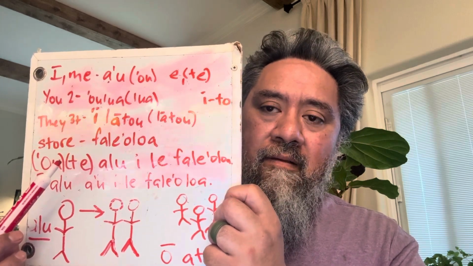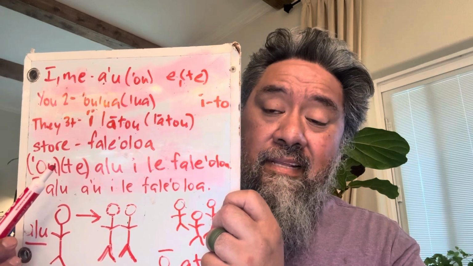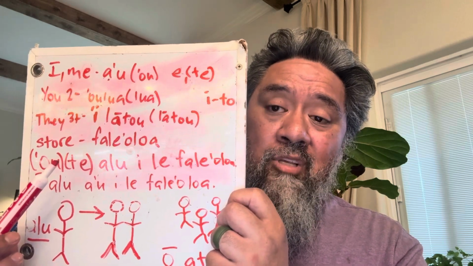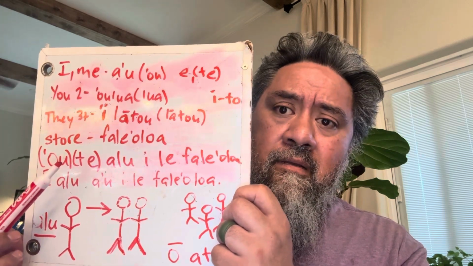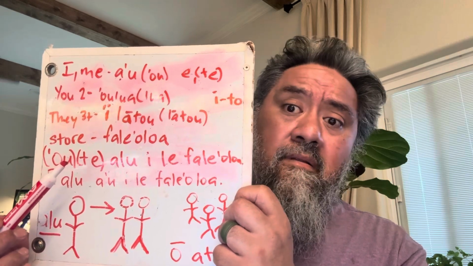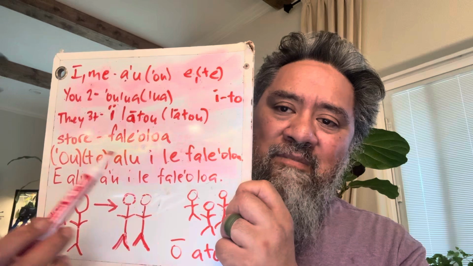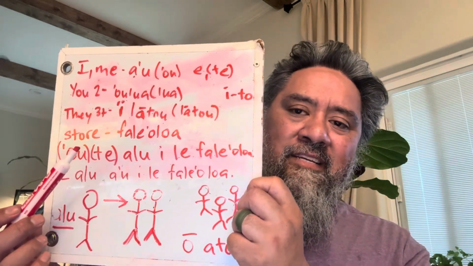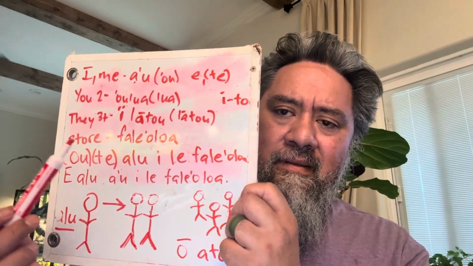It just sounds weird to say it as a statement. Because hey, you two going to the store? You know what I mean? And if you say it in a questioning tone, see what I mean? You two are going to the store? Does that make sense? It's funny because it reminds me of pidgin, and it makes me wonder if that's where pidgin comes from, because I feel like Hawaiian is set up similarly.